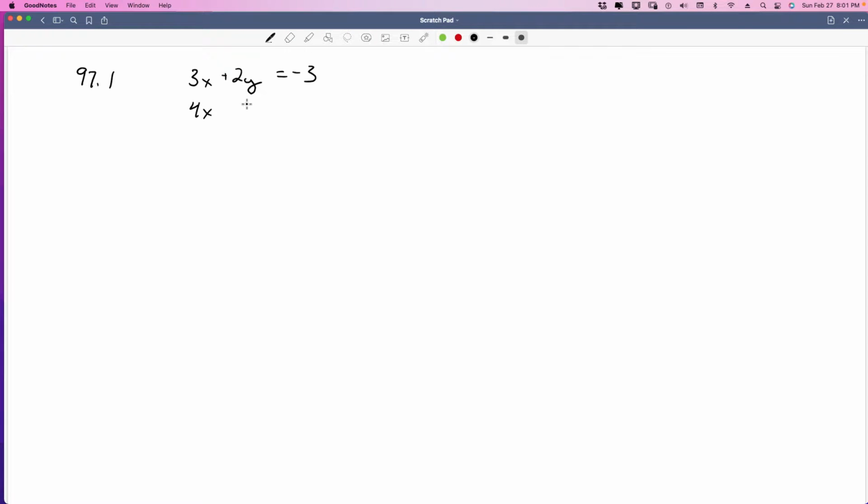So typically when you have a situation like this where we have a positive and a negative already, we would multiply by the opposite coefficient and get a positive 6y, negative 6y, and use elimination to solve.